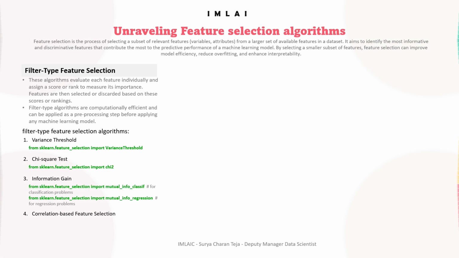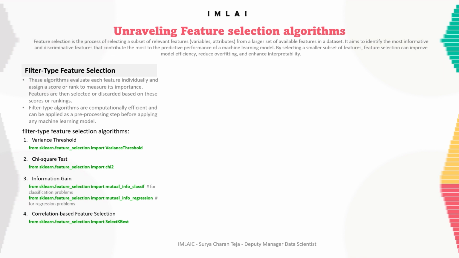Correlation based feature selection measures the linear relationship between features and the target variable, or between the features themselves. How do we get it? Of course, we can again use sklearn feature selection and import select k-best.